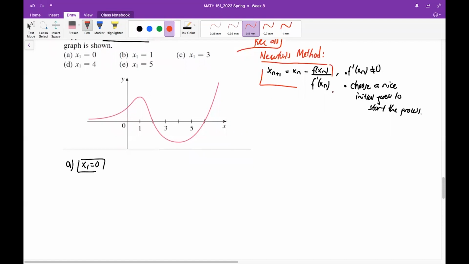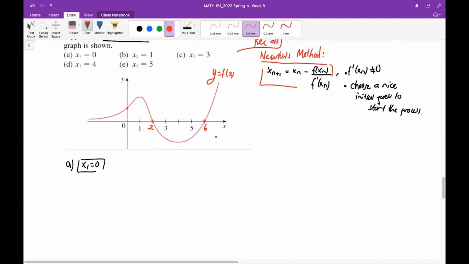Let's see. So x equals 0 is here. By the way, this is the graph of y equals f of x, and you can see the roots of this function. One of the roots is 2 and the other root is seen as 6 from the graph.